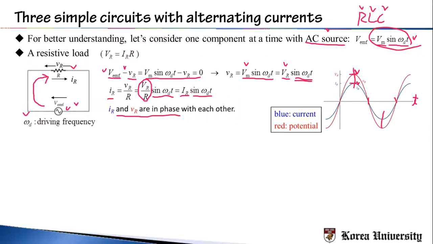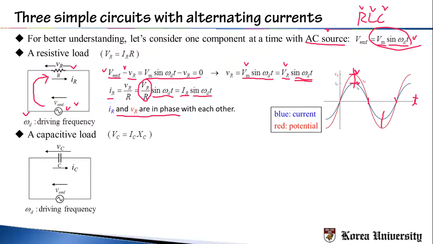Okay, and next, how about the case of the capacitor? Now here we have this EMF device and the capacitor only. So in order to know the current in the capacitor, we again use the voltage law. Using the same voltage law, we already know that the voltage across this capacitor is the same as the voltage across this EMF device. So now we can write it this way.